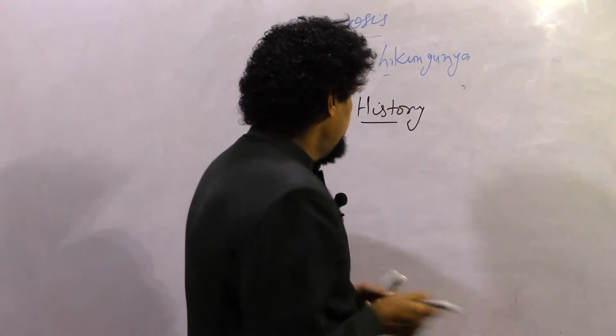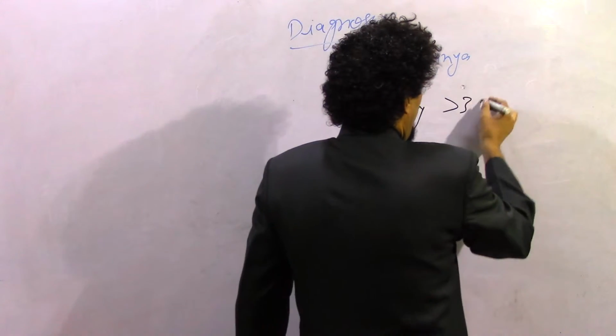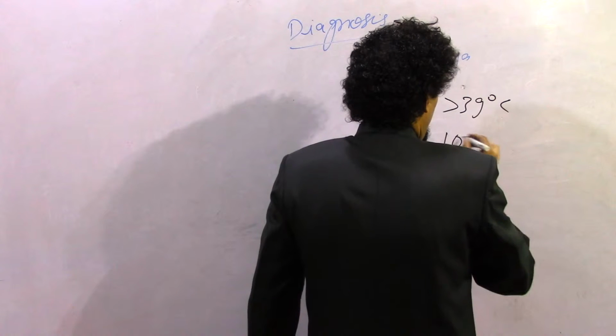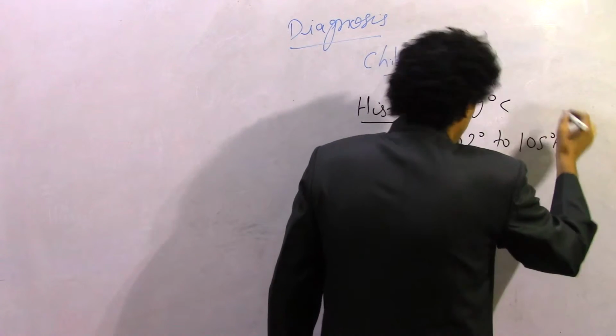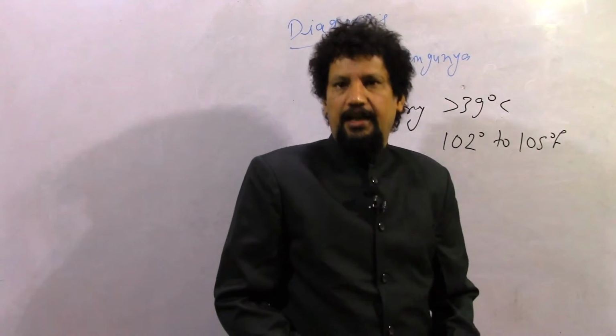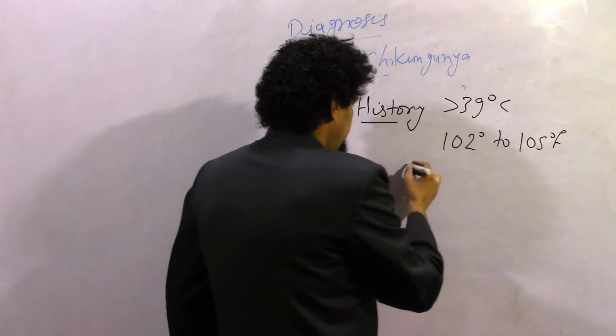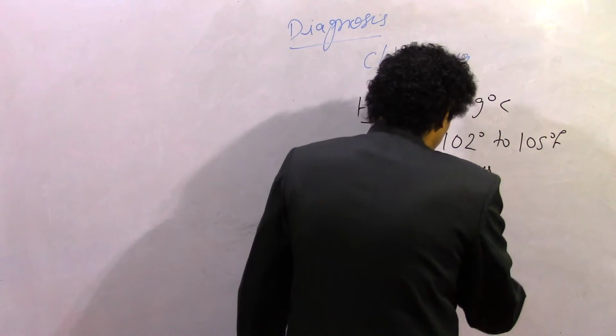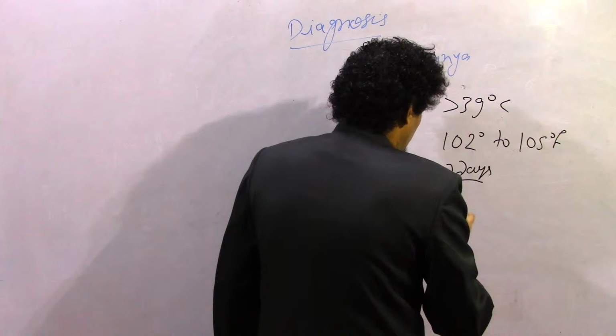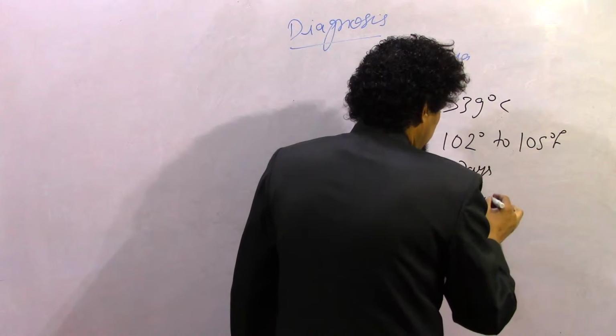High grade fever more than 39 degrees centigrade or ranging from 102 to 105 degrees Fahrenheit, and incubation period of the chikungunya infection is 3 to 7 days. But if you want to increase the range, it may be 1 to 12 days.